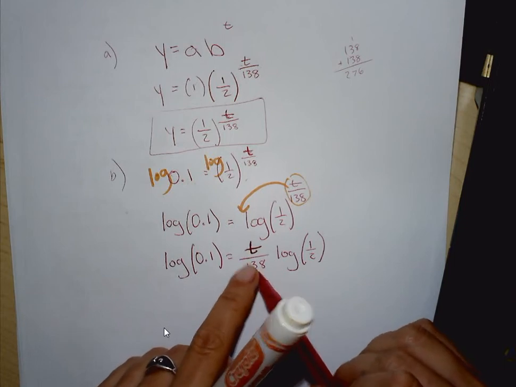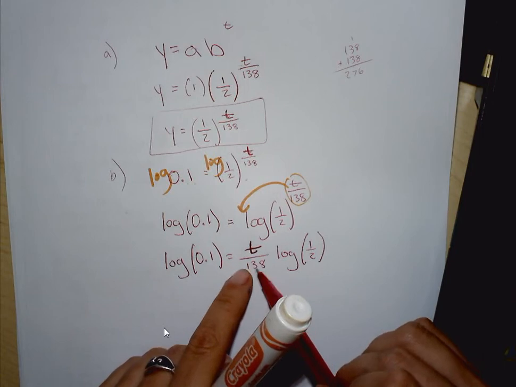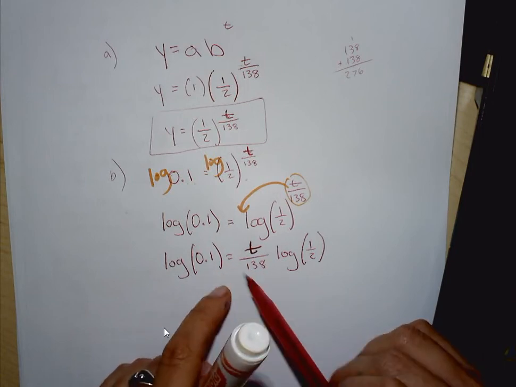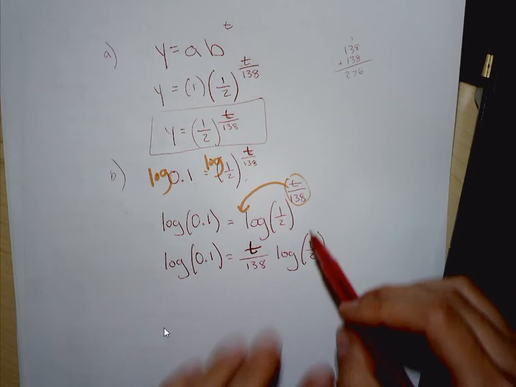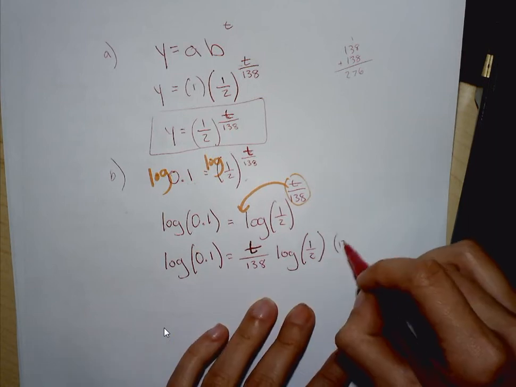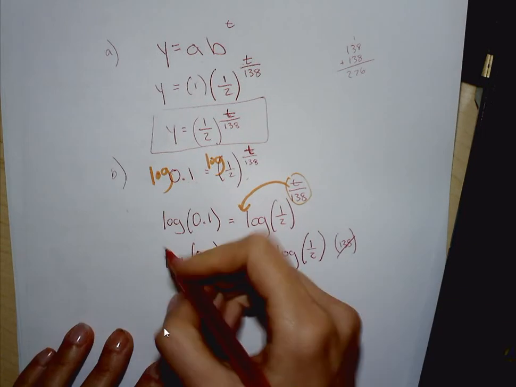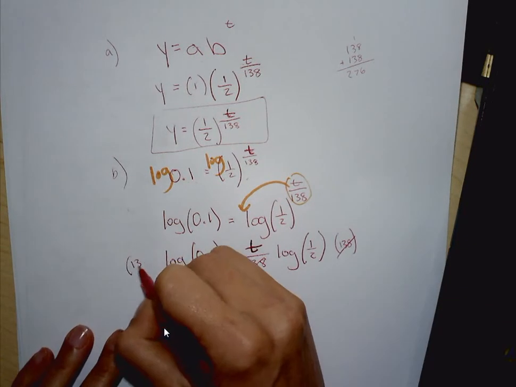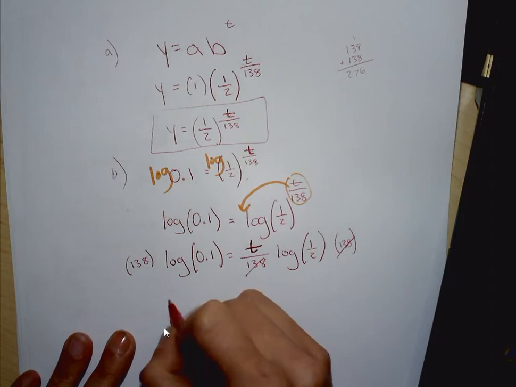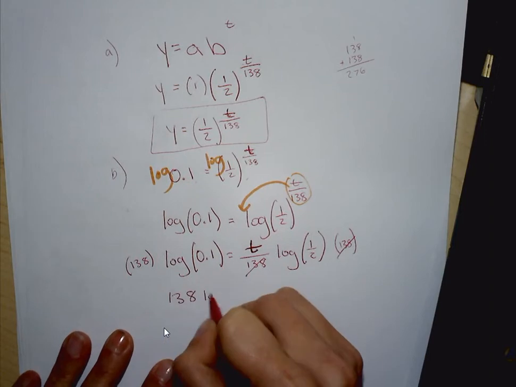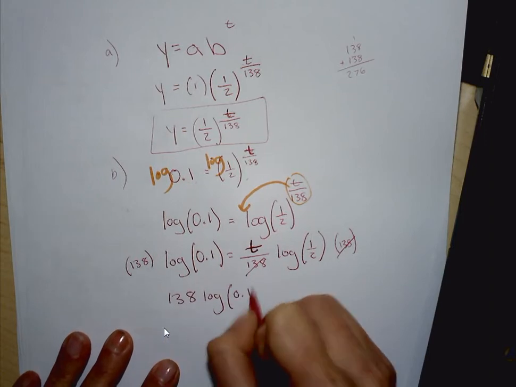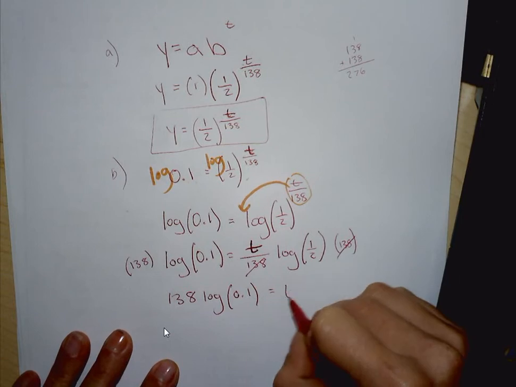So to get rid of this 138, I'm going to multiply by 138. If I multiply by 138 on this side, that crosses these out, so I have to do it to this side too. So now I have 138 log 0.1 is equal to t times log 1/2.